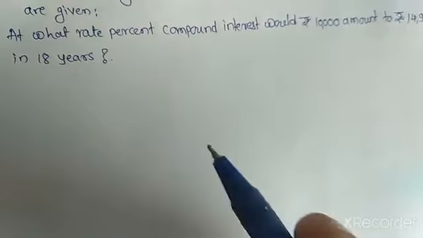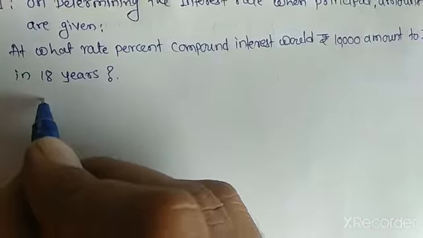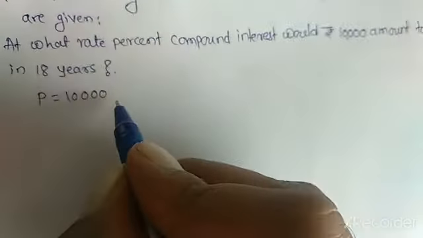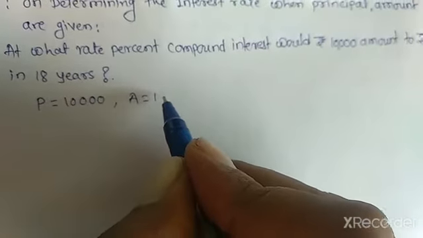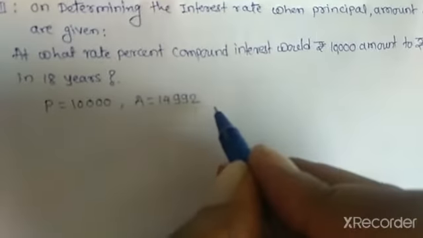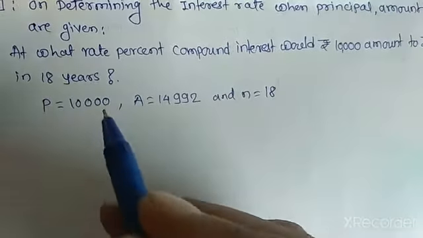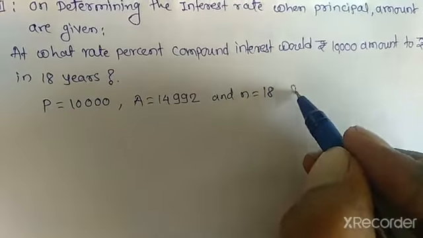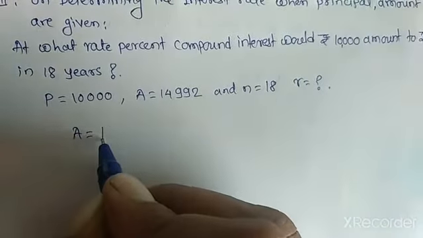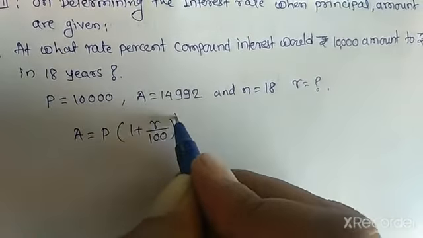So here we have to find R. In this example we are given P is equal to 10,000, A is equal to amount, which is 14,992, and N is equal to 18 years, and we have to find R is equal to question mark. So the formula is A is equal to P into bracket 1 plus R upon 100 raised to N.